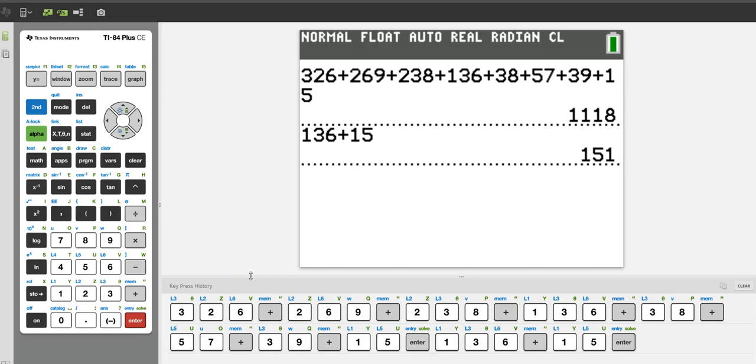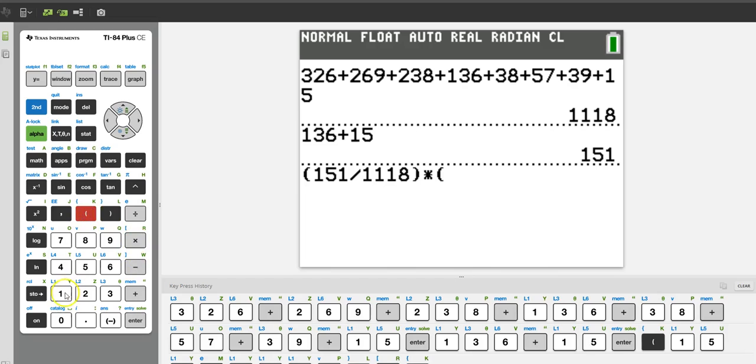So to get the probability that 3 orders are from restaurant D on the calculator, I'm going to multiply. For the first order, it's 151 divided by 1,118. That's the probability the first order is from restaurant D. For the second order, there's only 150 orders left out of 1,117 from restaurant D, so I'm going to multiply that by 150 divided by 1,117.